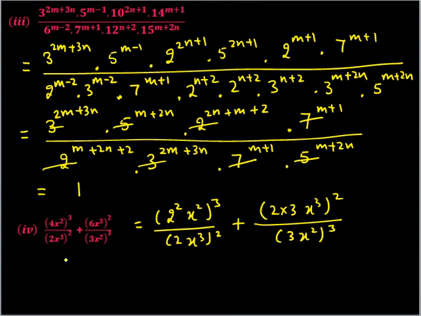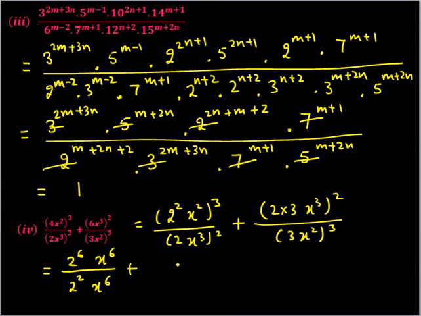Now let us distribute the exponent with each term. So this is square of 2 whole raised to the power 3. So this becomes 2 with exponent 6. This is x square with further raised to the power 3. So this also becomes x to the power 6. In the denominator this will reduce to square of 2. This will become x to the power 6.